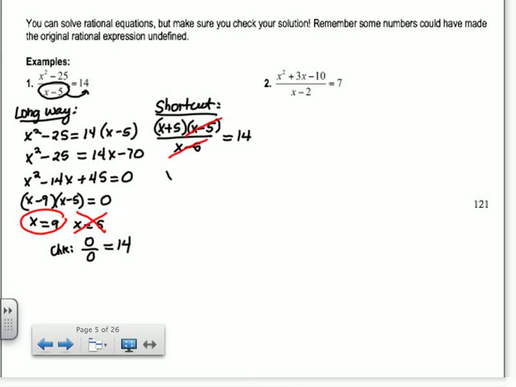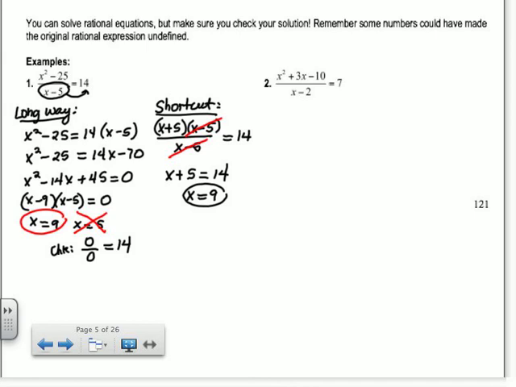So this is a much easier equation. X plus 5 equals 14. Because then I see that x equals 9. Okay, and you can check that one. That one works. So that's the only one that works. Does it work? Yeah, 81 minus, okay.